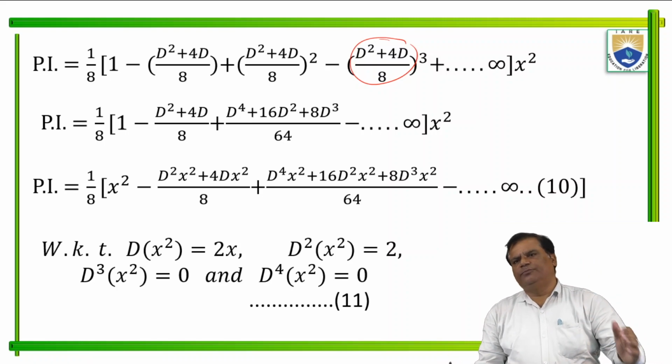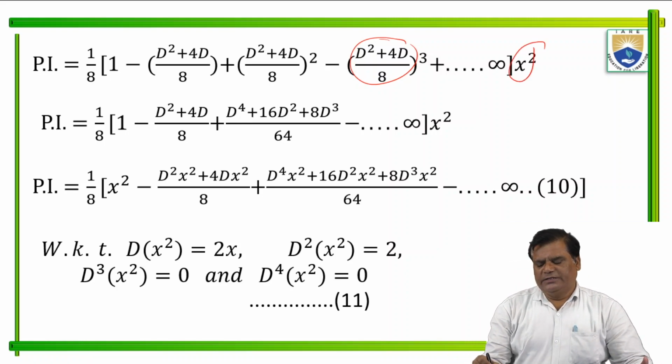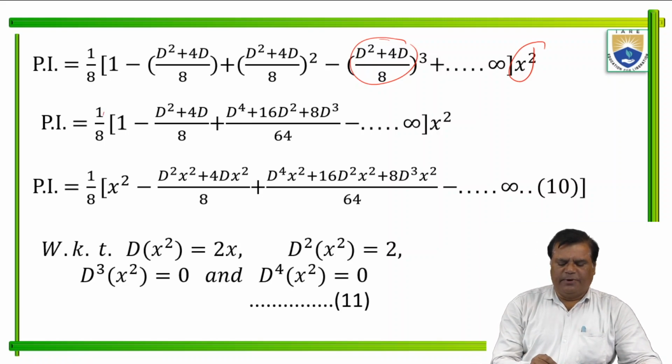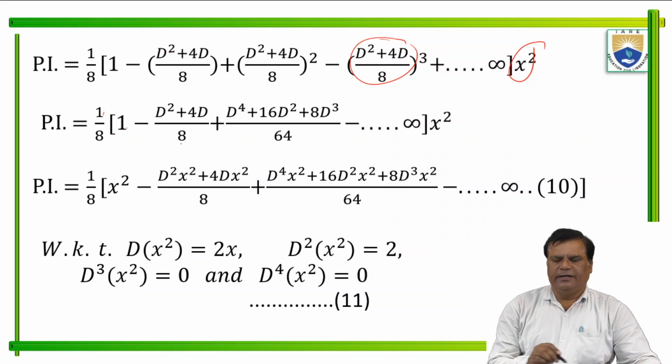This series goes up to infinity, and the function of x is x square. So 1 upon 8, next term 1 upon 8 times 1 minus (D square plus 4D) by 8. Now open the whole square here: D square squared is D4, 4D squared is 16D square, and twice the product gives 8D cube, upon 64.